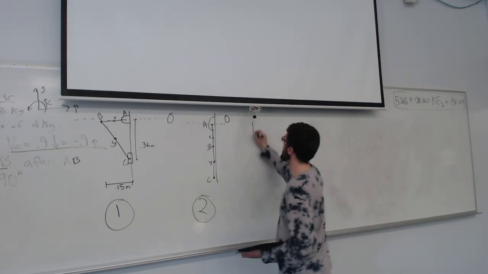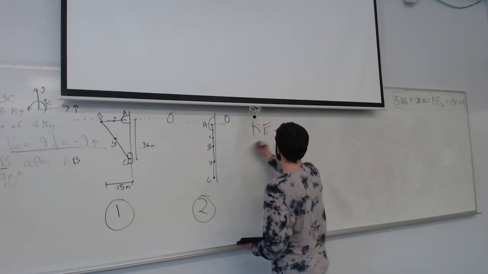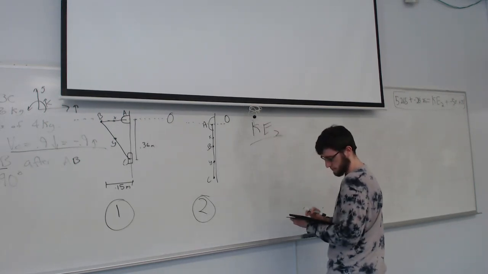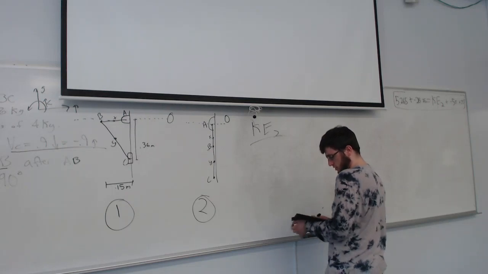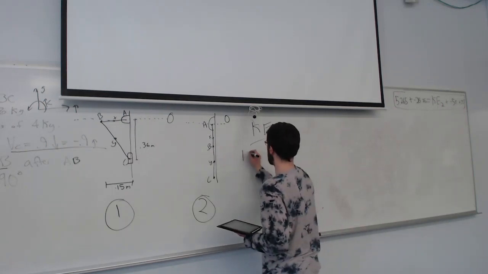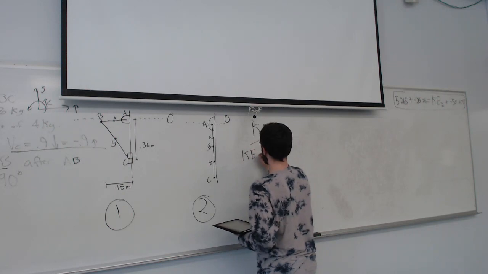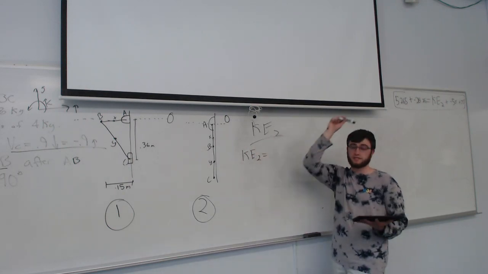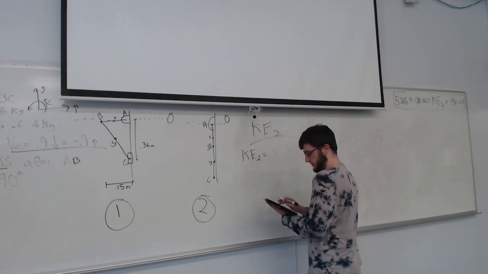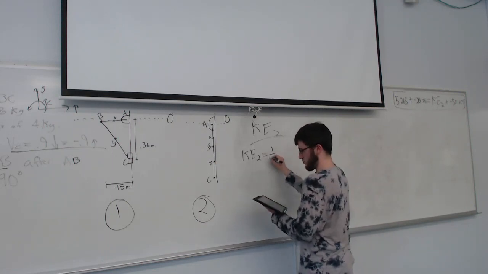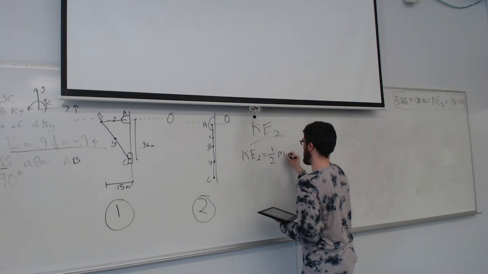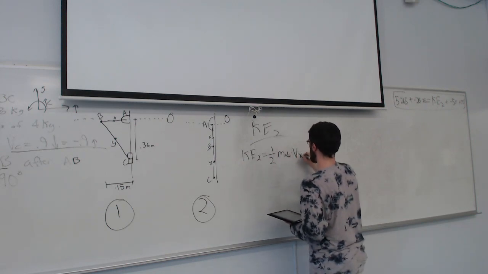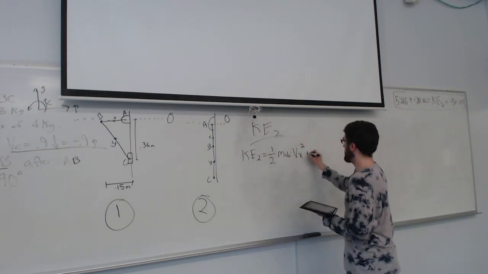So, all right, kinetic energy at point 2 equals, for instance, this number right here. I know this now from that side, but it equals 1/2 mass AB times the velocity of x squared plus 1/2, and so on.